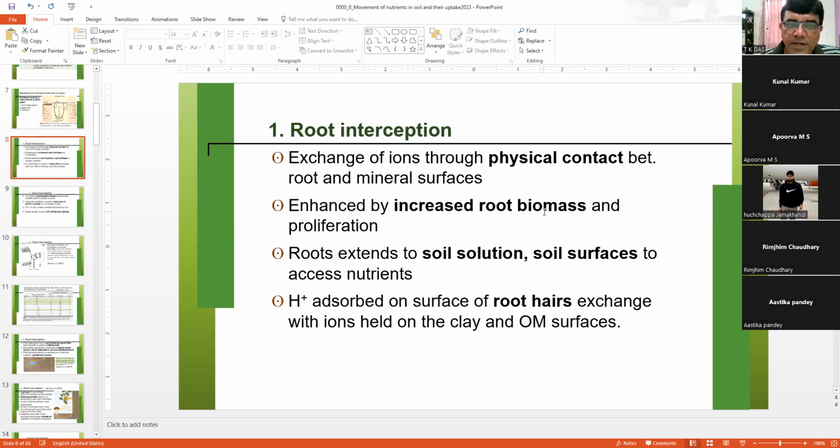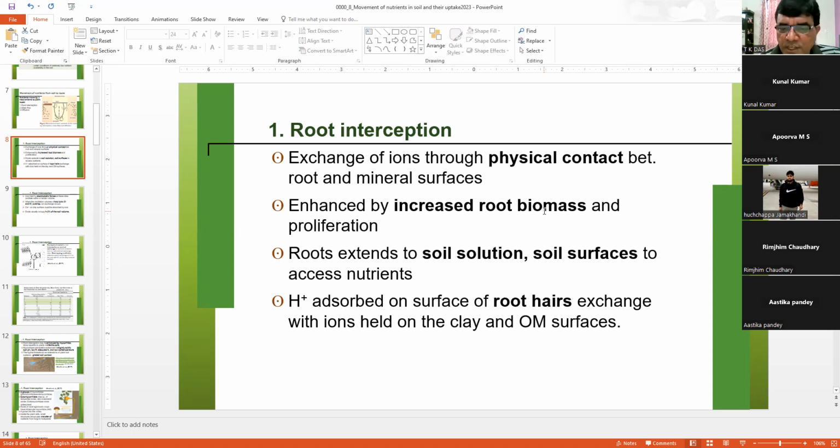So you can expect more root interception if your root growth is more. Roots extend to soil solution and soil surfaces to access nutrients. So wherever nutrients are there in soil, if roots are able to reach there, then the nutrients can be taken up by roots by interception.